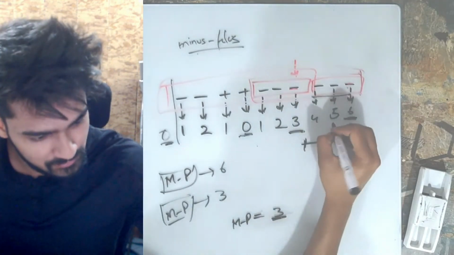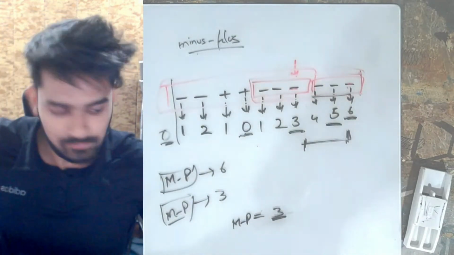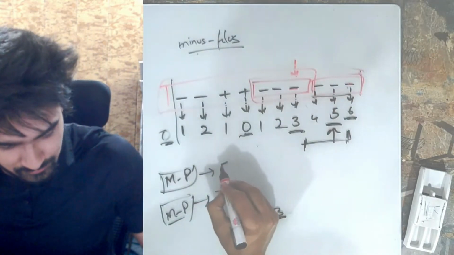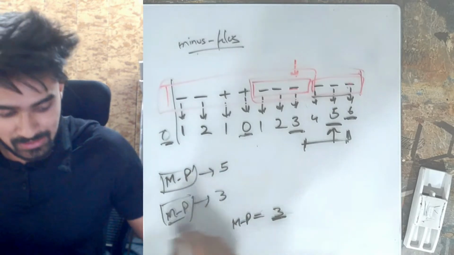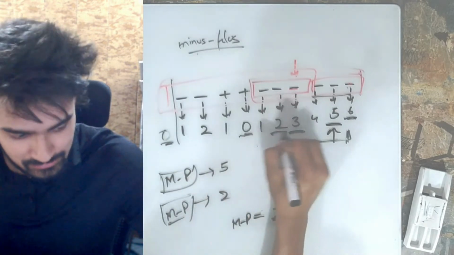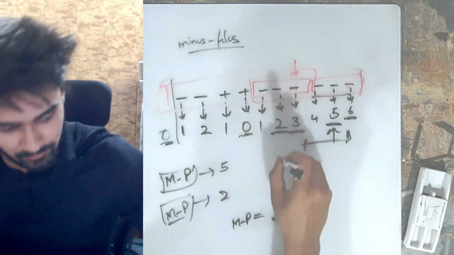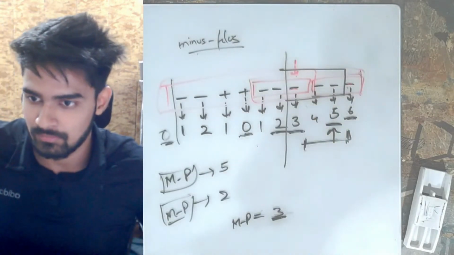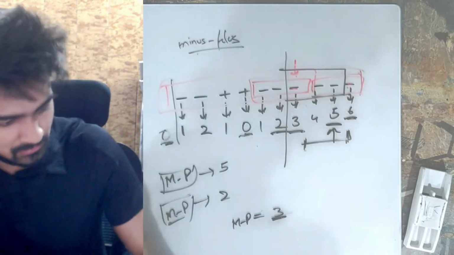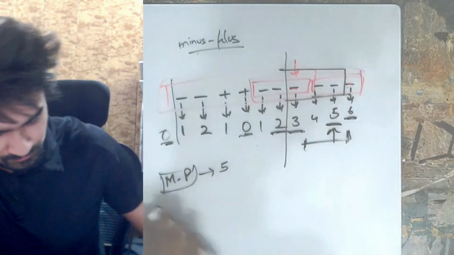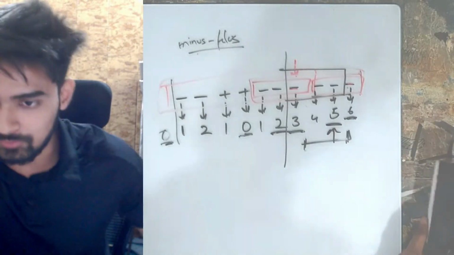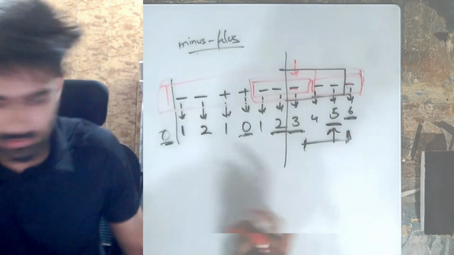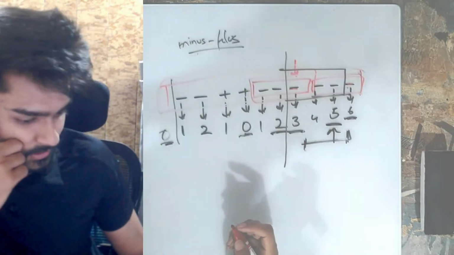Similarly, let's try to count this for this 5. This 5 will say that if my m minus p here is 5, then if I have at any place m minus p equal to 2, which is at this index, then also I can say that I'll have a subarray after this. Okay. So essentially, what do we have to do? Again, this is also a little difficult to understand in the first go.